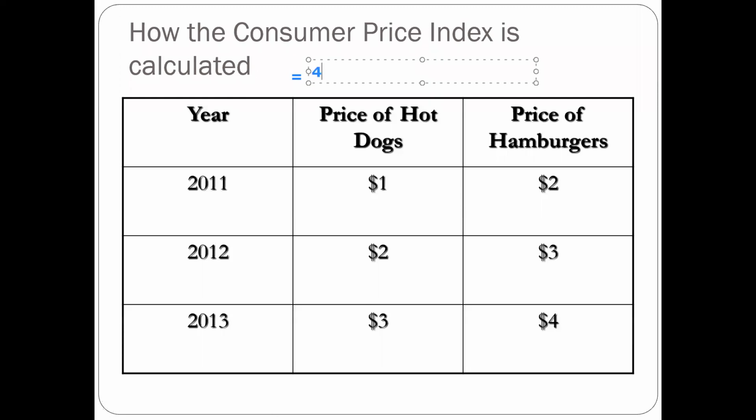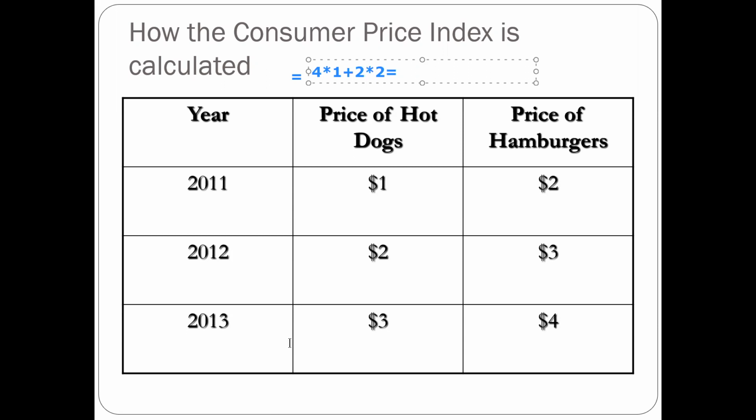So 4 hot dogs multiply the price of hot dog in the first year, $1, plus 2 hamburgers multiply the price of hamburgers, $2, will be equal to $8. So the Consumer Price Index for the year 2011 was 8.